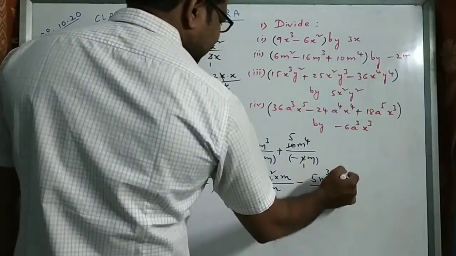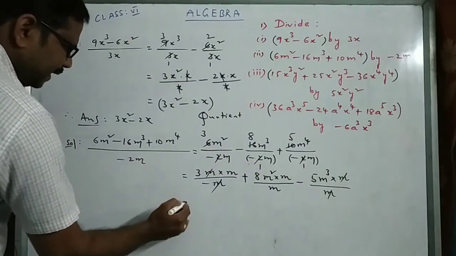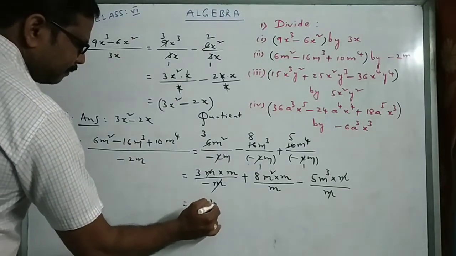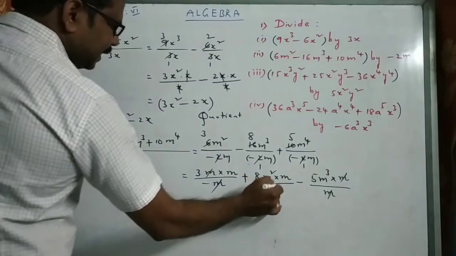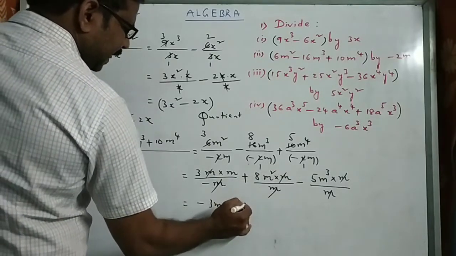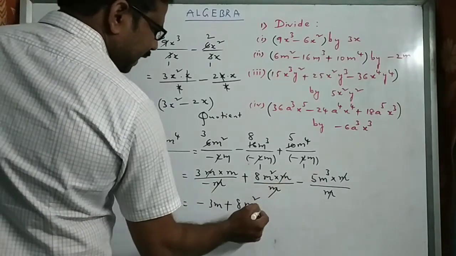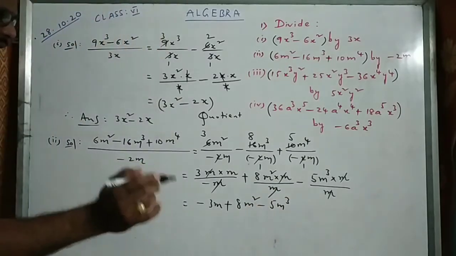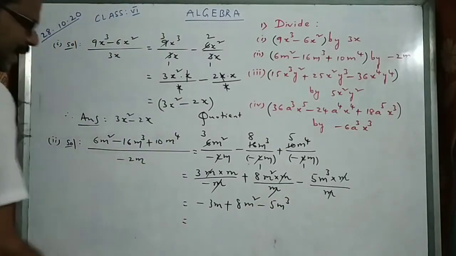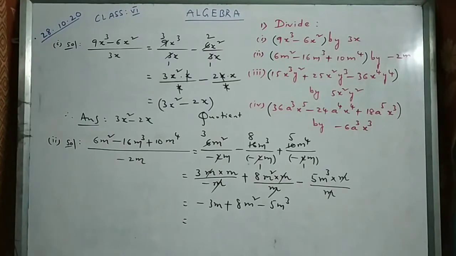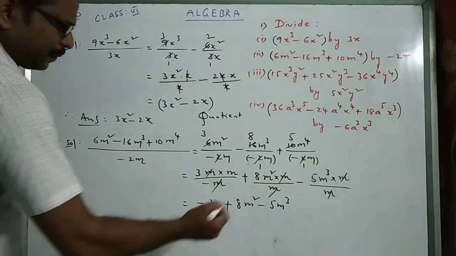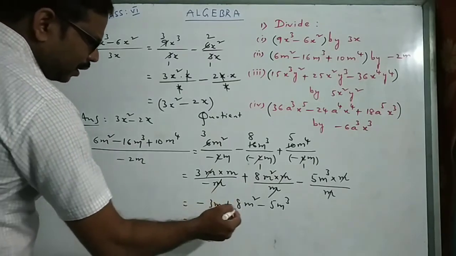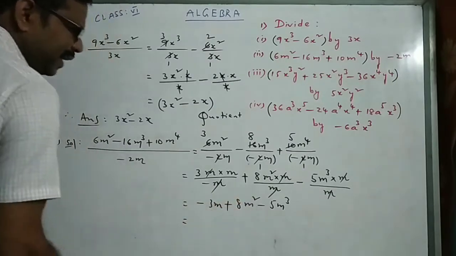M gets cancelled. So what is remaining now? Minus 3m plus, here m, m cancel, 8m square minus 5m cube. Always remember that when we write expressions, they should be in the descending powers of the variable. What is the variable here?